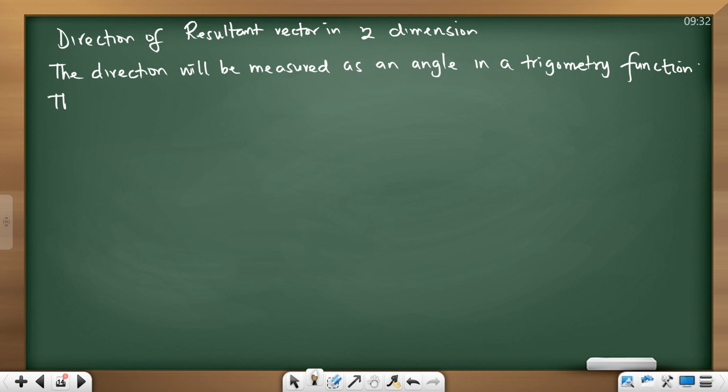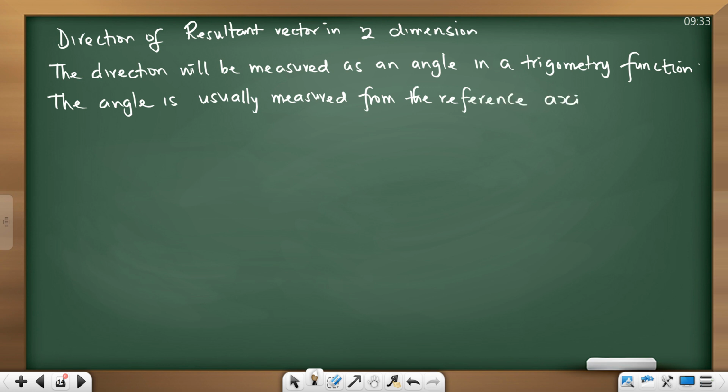The angle is usually measured from the reference, my spelling of reference axis. All right?